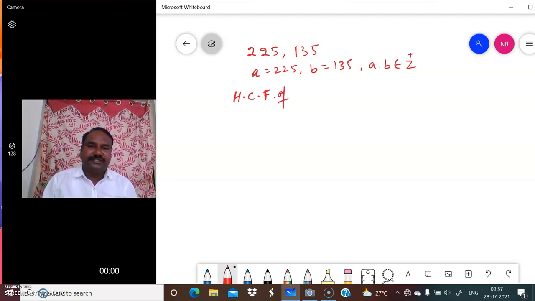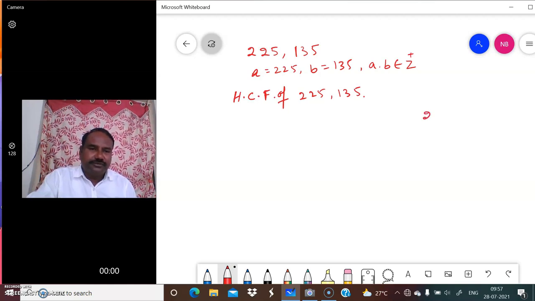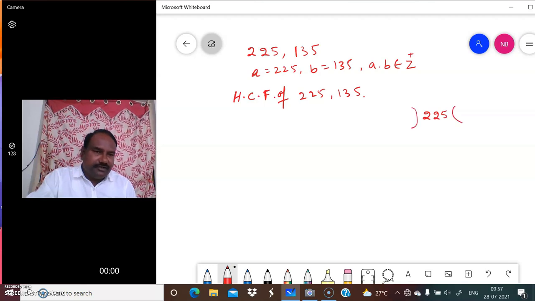So, to find the HCF of these 225 and 135, here I first explain using the division method. Consider the biggest number from these two given numbers, 225 and 135. So, 225 is the biggest number. Now, divide this biggest number with the smallest number, that is 135.